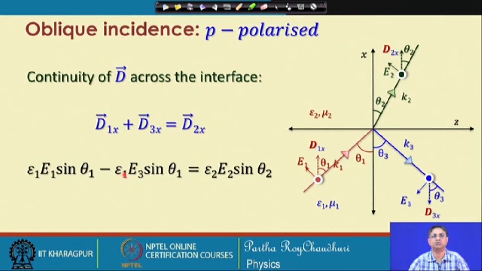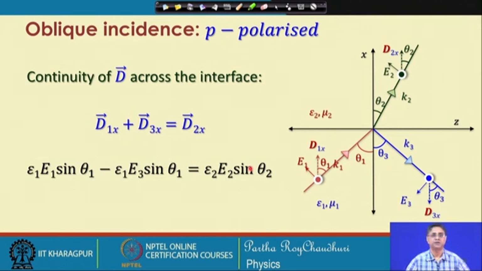We have seen that theta_1 and theta_3 are also equal, so we can write the left hand side in this form. For the right hand side, D_2x, we write epsilon_2, the permittivity of the second medium, the electric field component and sin theta_2. So, this is the second continuity condition, that the normal component of the displacement vector will be continuous across the interface.